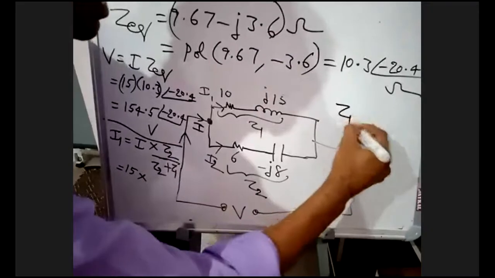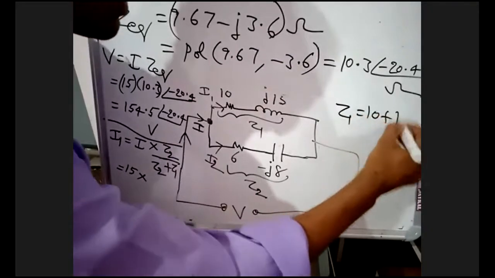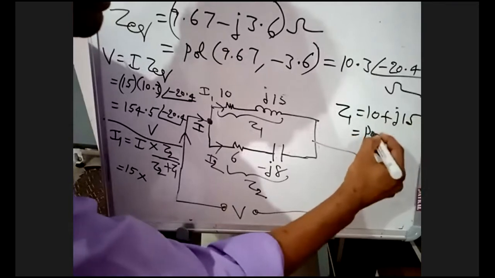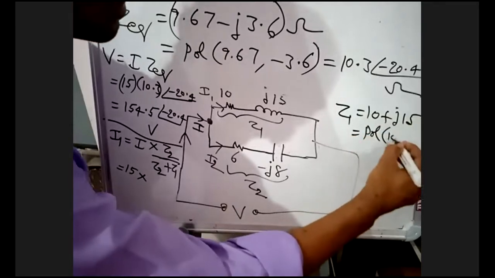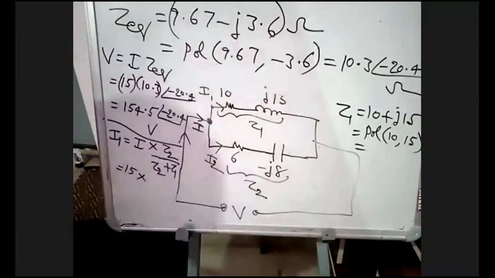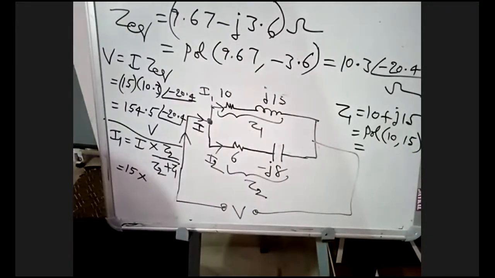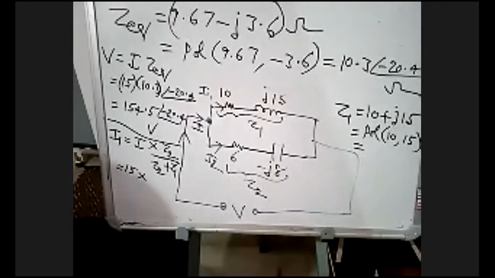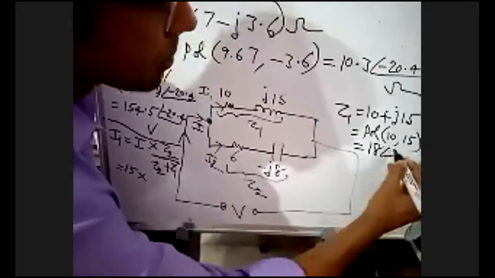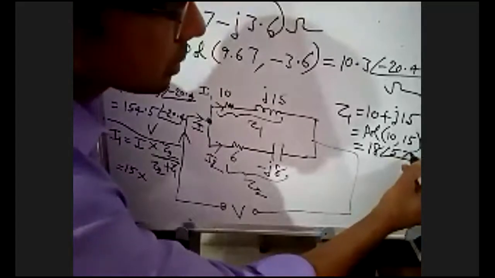Z1 is 10 plus J15. Convert Z1 to polar form: 18 at an angle 56.3. In your textbook they are giving 57.